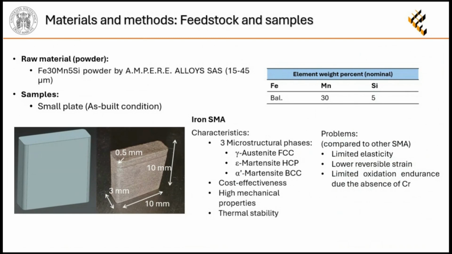This alloy typically presents three microstructural phases: austenite, epsilon martensite, and alpha prime martensite. It's different from the more expensive shape memory alloys such as nitinol, because it has limited elasticity, but also more thermal stability. And the one that we use also has limited oxidation endurance due to the absence of elements such as chromium.